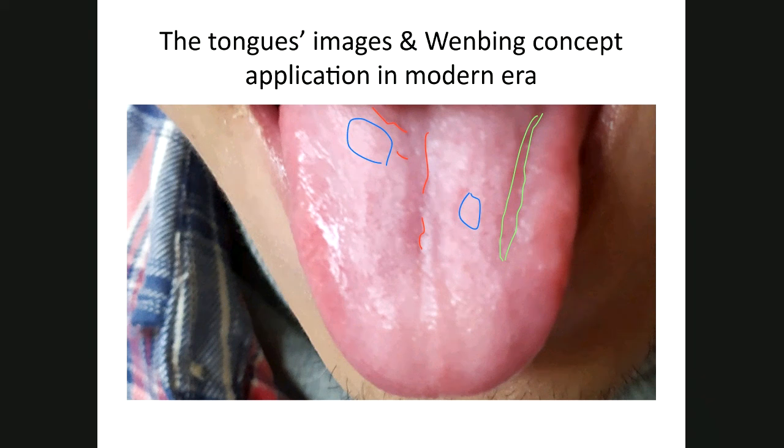This specific green circled part indicates the spleen is weak, not able to generate sufficient liver yin or liver blood. Now, the tongue itself does not indicate a very serious illness, but tells you a lot of imbalance has occurred, accumulated and built up from the past.